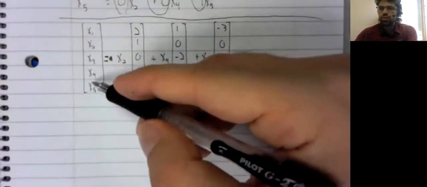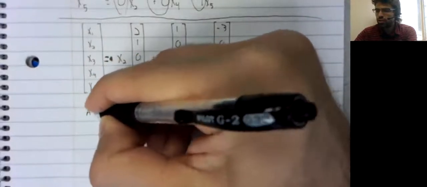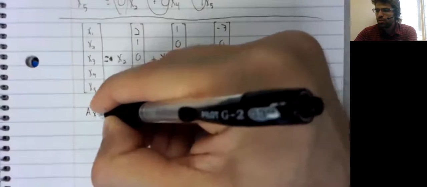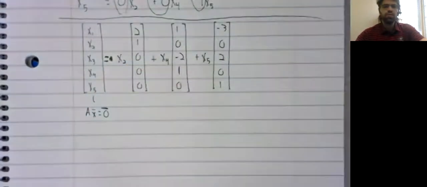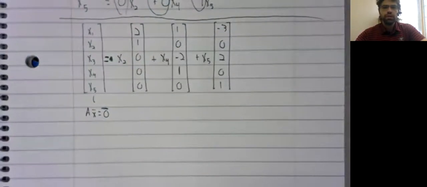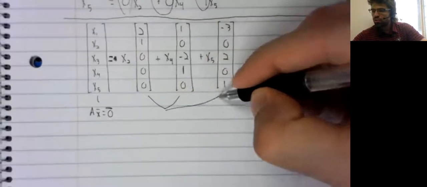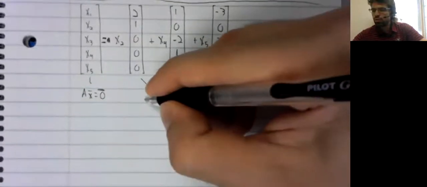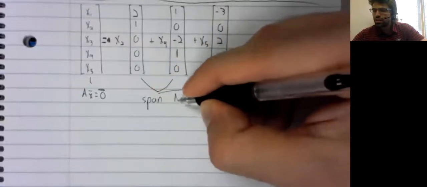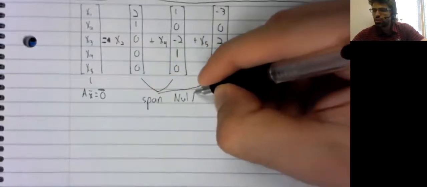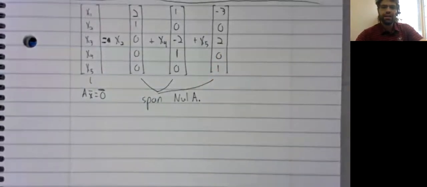This vector was a solution to AX equals 0. So these 3 vectors span the null space of A.